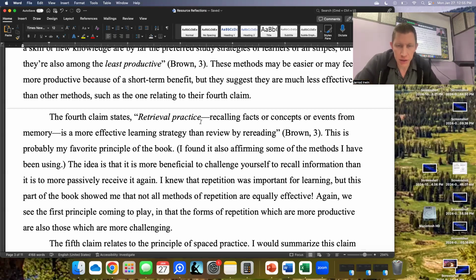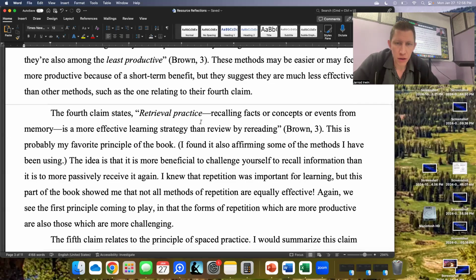Let's read their summary: recalling facts or concepts or events from memory. So that's their description. It's you trying to recall it as opposed to just rereading, going back over the information without you having to pull it from your memory. So is that clarified a little bit? I overlapped to combine the two for sure.